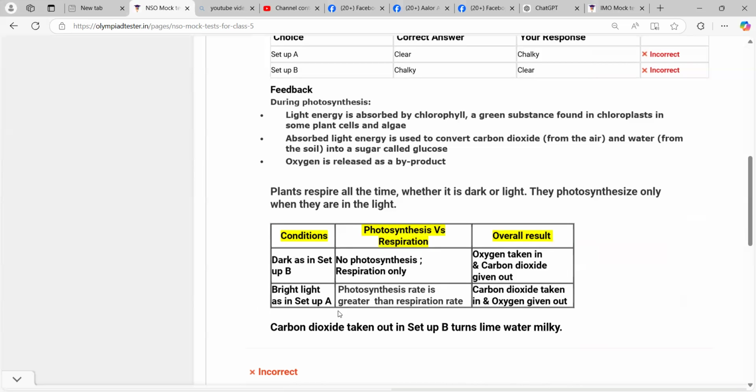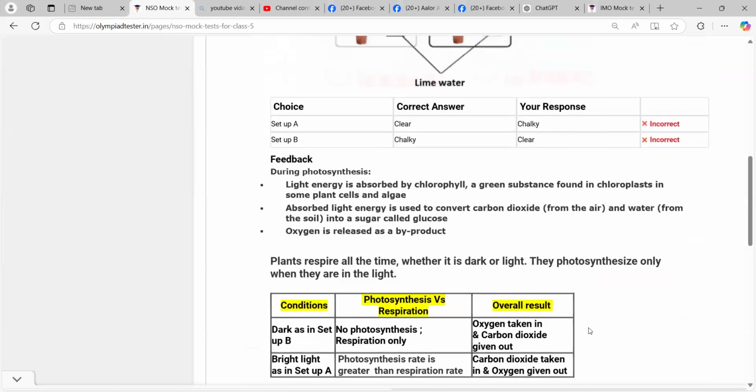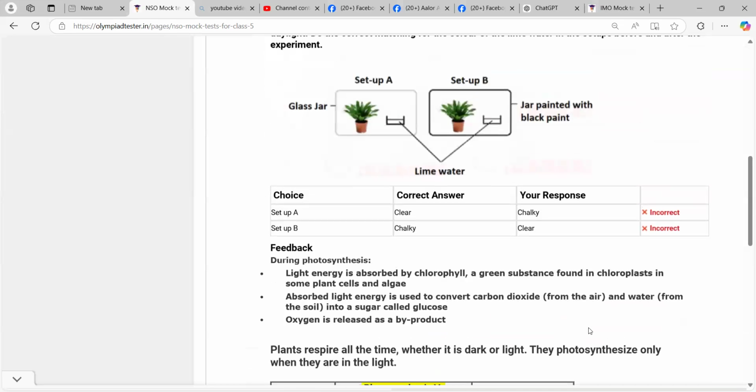Bright light, as in setup A, photosynthesis rate is greater than respiration rate, so carbon dioxide taken in and oxygen given out. Carbon dioxide given out in setup B turns the lime water milky. So the carbon dioxide actually reacts and makes the lime water milky. So the answer: setup A will be clear and setup B will be chalky.